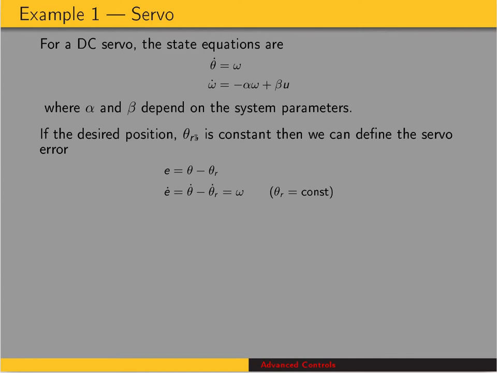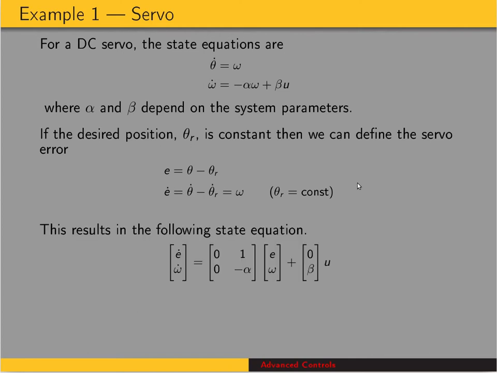We can define the servo error as the difference between the motor position and our reference position. And then the derivative of that is the difference between the motor velocity and the desired velocity, which is just the motor velocity omega. That assumes that we have a constant reference position for the servo.